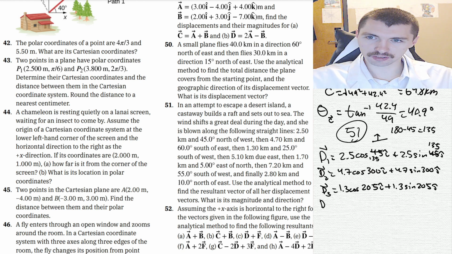Okay, and D4 is east, due east, so that will be cosine 0 I, which is 1, plus this will cancel out.